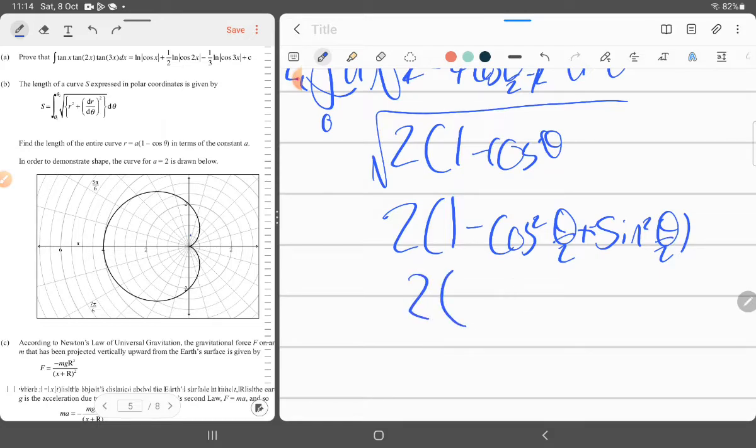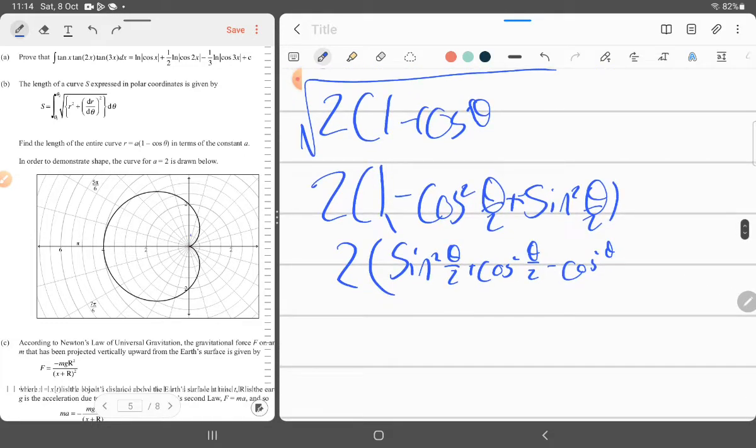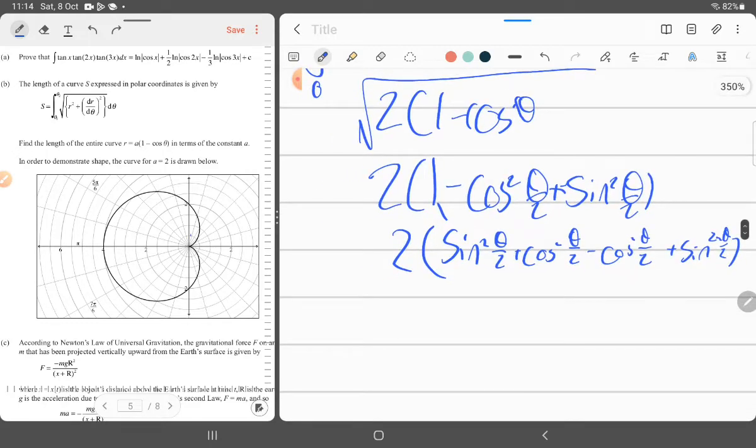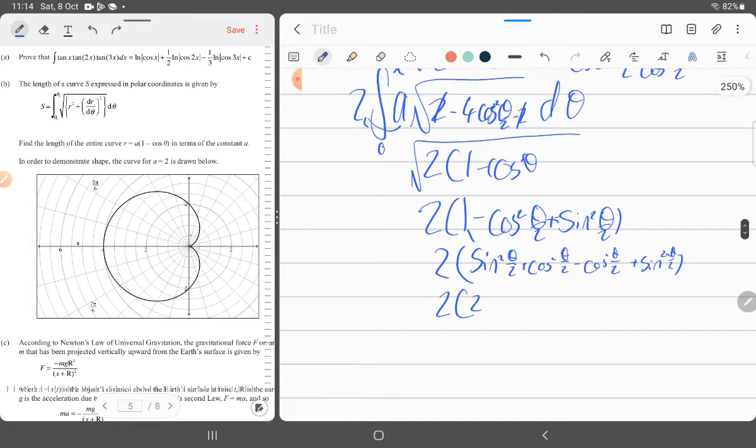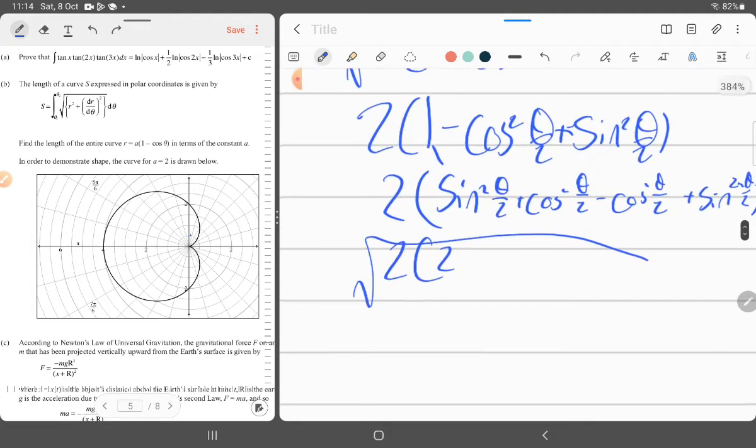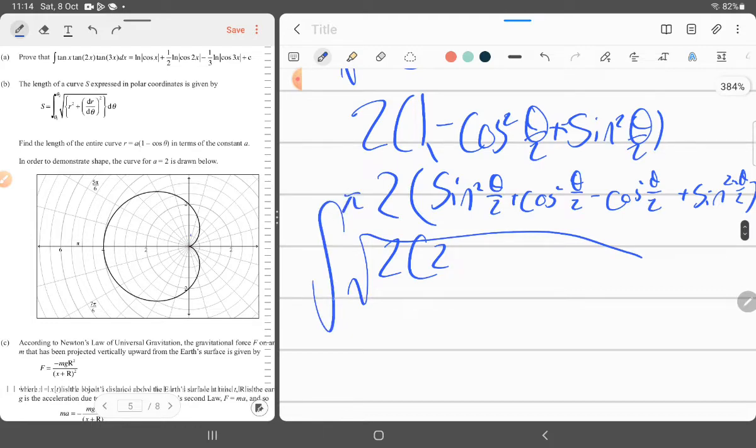Then we can put this into sine squared theta over 2 plus cosine squared theta over 2 take away cosine squared theta over 2 plus sine squared theta over 2, so 2 brackets, square root of that, integral from pi to 0.